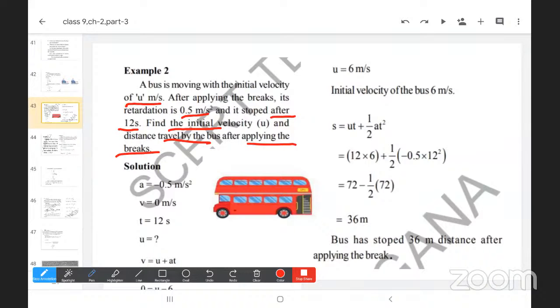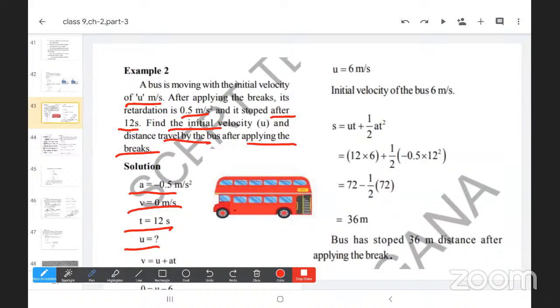We need to find the initial velocity of the bus, right? So here we know a equals minus 0.5 meters per second square, because the speed of the bus decreased. That's why we have taken minus here, and v equals 0 meters per second, and t equals 12 seconds given. We need to find u, that means the initial velocity.